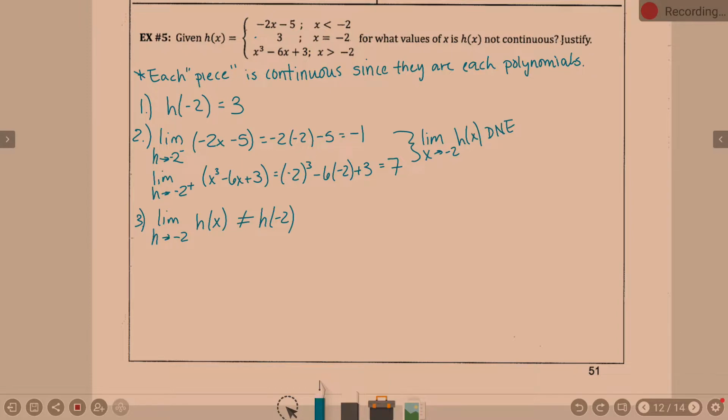So, conclusion? We were supposed to say for what values of x? H of x is not continuous at x equals -2.